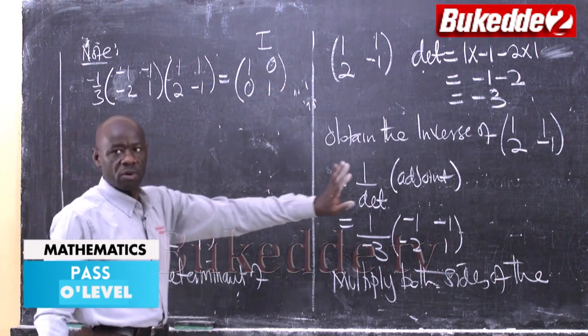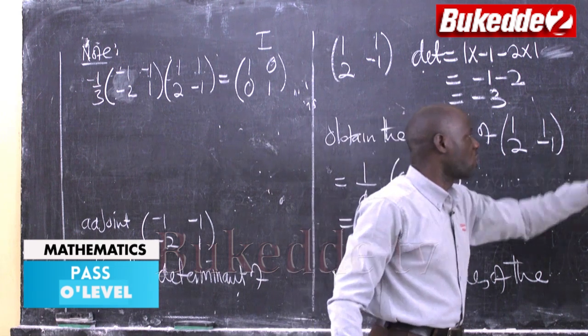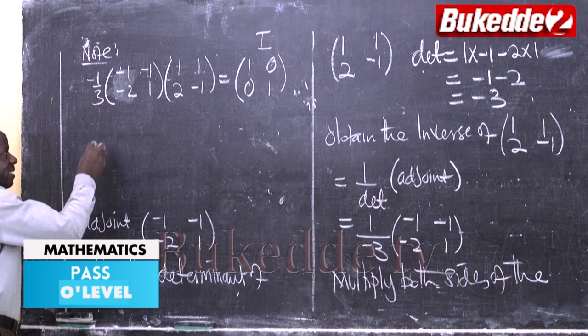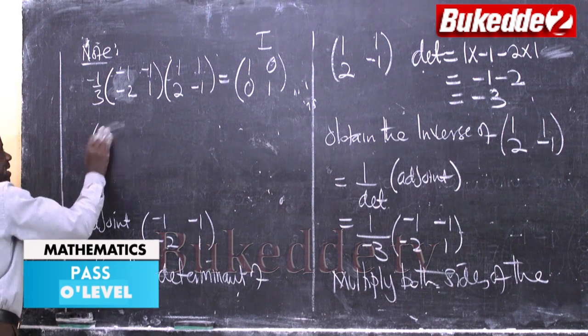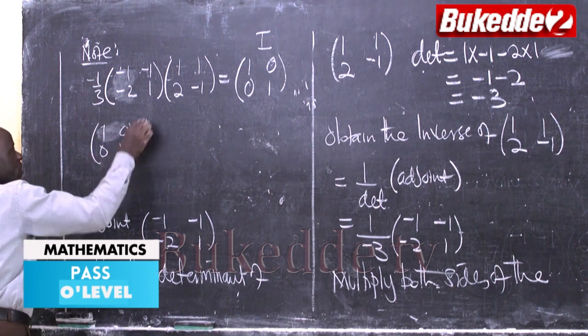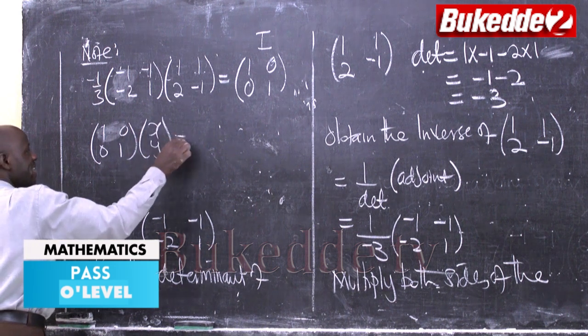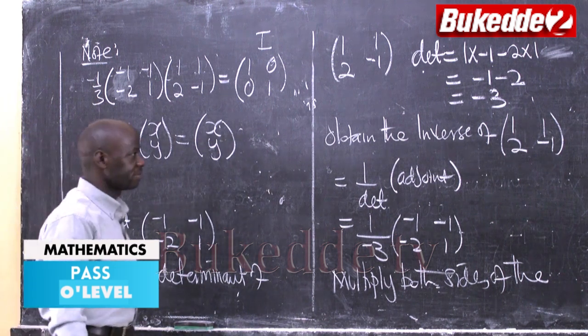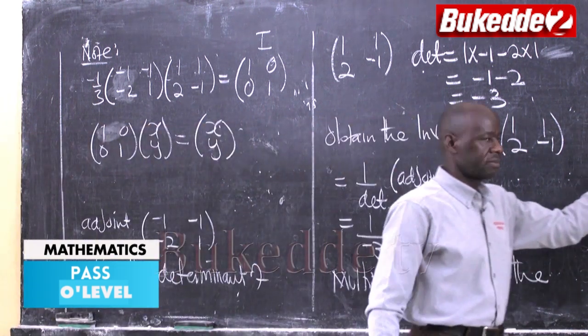That's why I've ignored this one, because when I multiply 1, 0, 0, 1 with xy, I come up with xy. That's why I have not put it here.